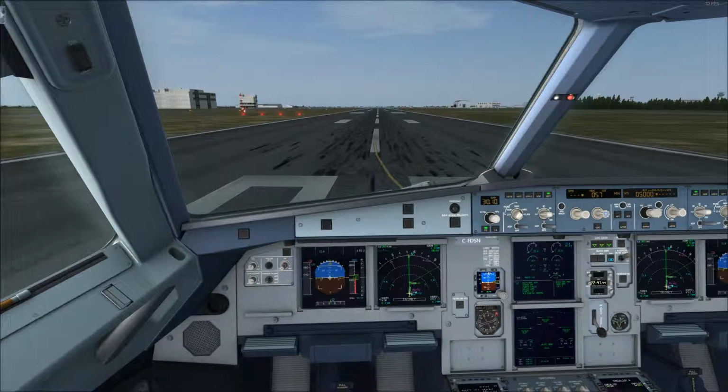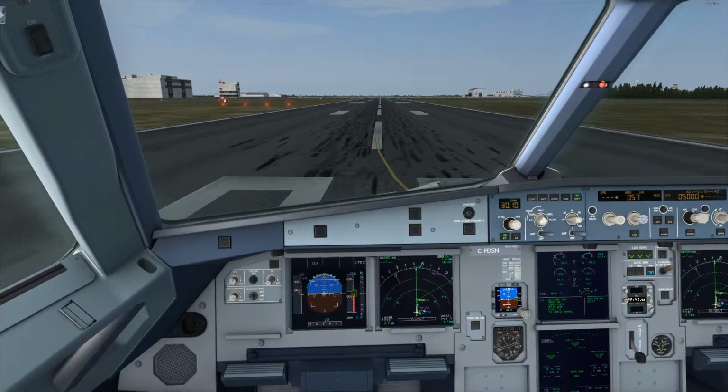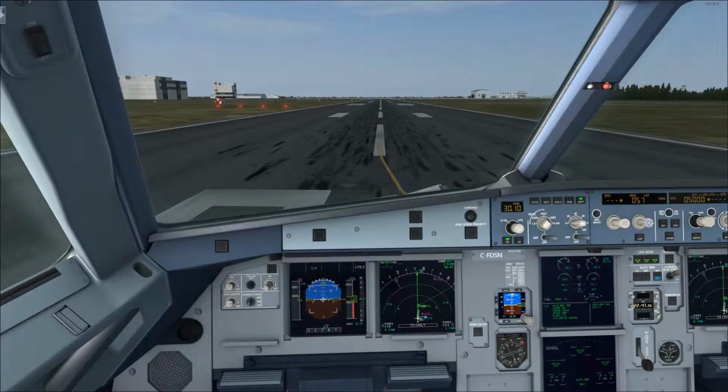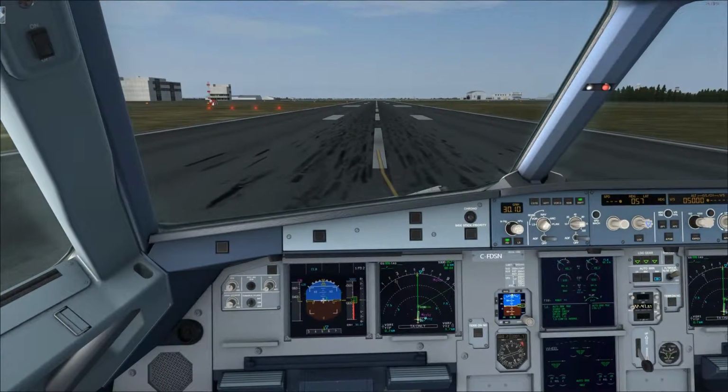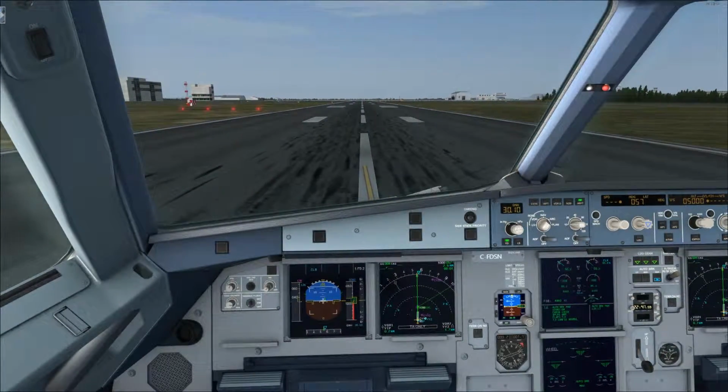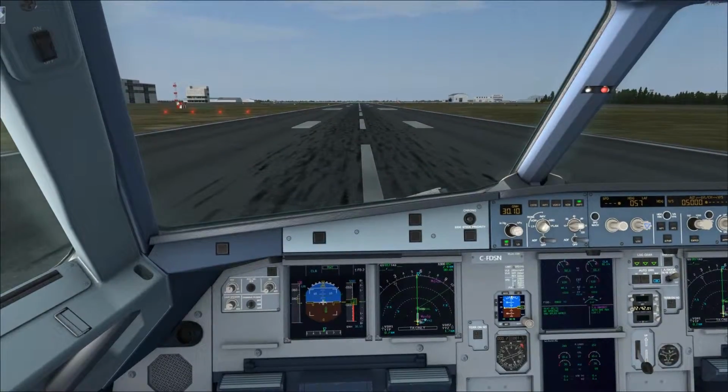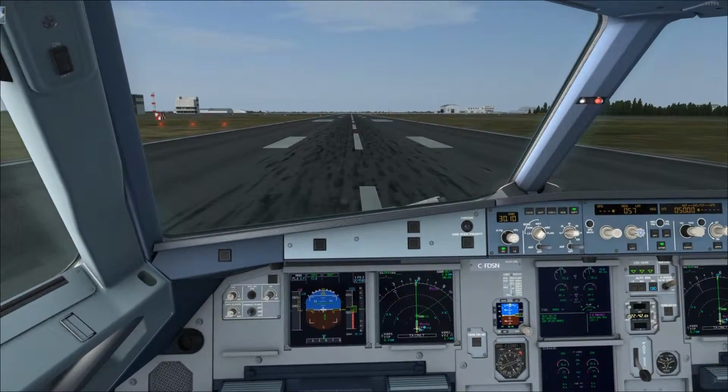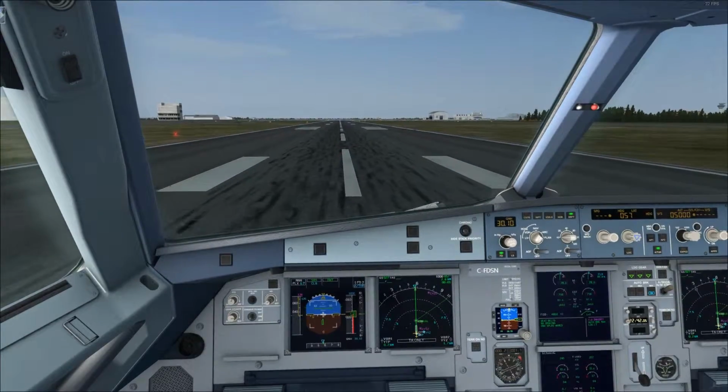Okay, I had the parking brakes off. Let's pull them off. Now they're off. And we're going to throttle up to 50% N1. Engines are stable. 2 clicks. Command flex. 67 takeoff.